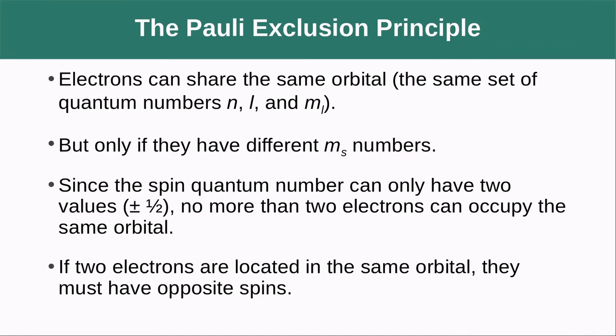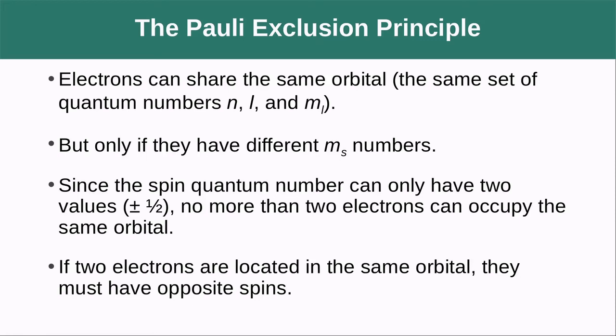Electrons can share the same orbital, but they will wind up having different ms numbers. They'll be arranged opposite one another. Since the spin quantum numbers can only have 2 values, plus or minus 1/2, no more than 2 electrons can occupy the same orbital. So every orbital gets 2 electrons, max.